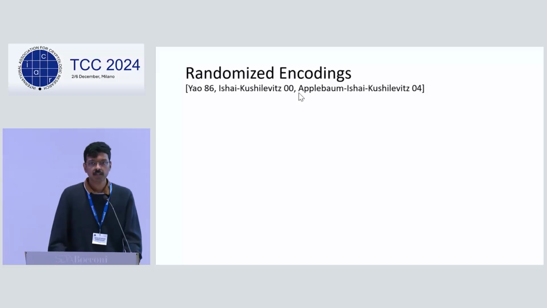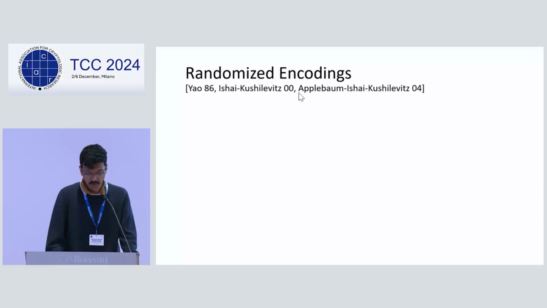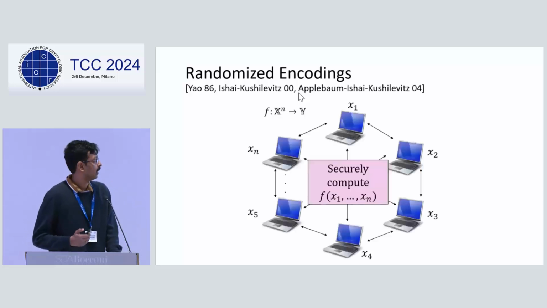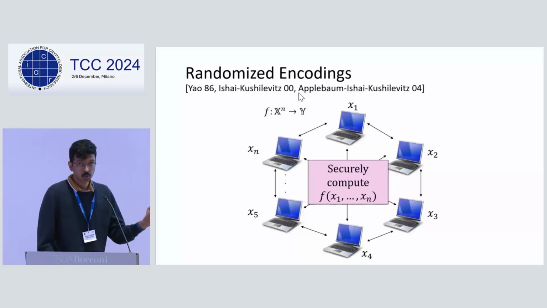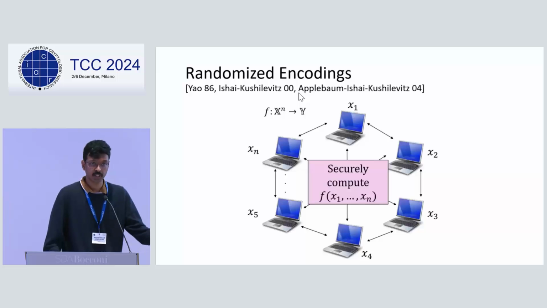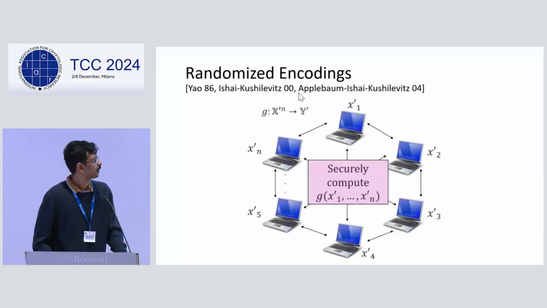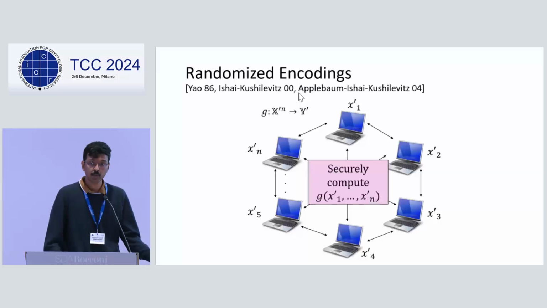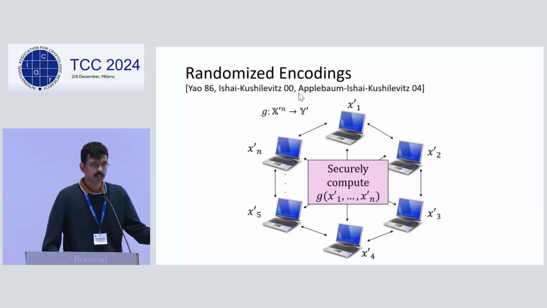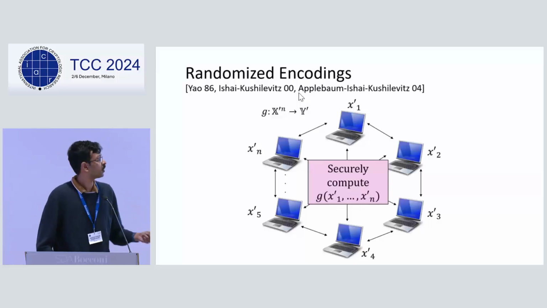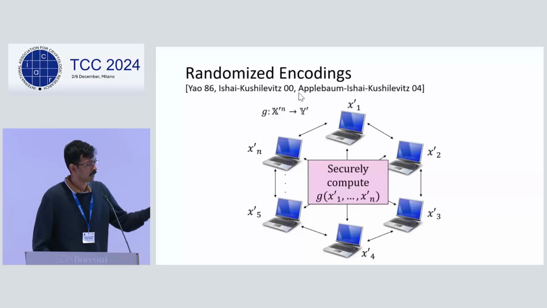Randomized encodings is one of the key tools used in the construction of secure computation protocols. At a very high level, a randomized encoding allows us to reduce the task of securely computing an arbitrary function f to the task of securely computing a related function g. In this methodology, each one of these parties pre-processes their inputs into x1 prime up to xn prime.